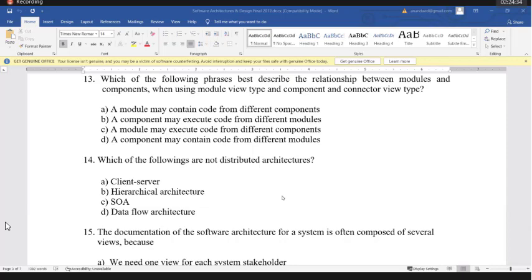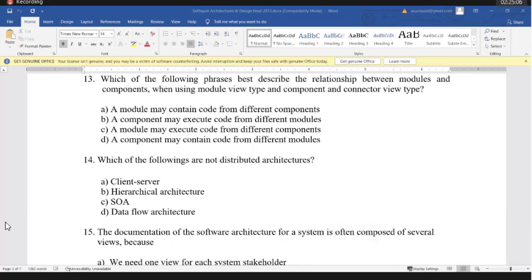So SOA is again distributed. So in fact, A and C are mainly the answers, right?